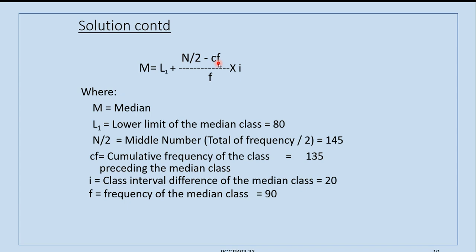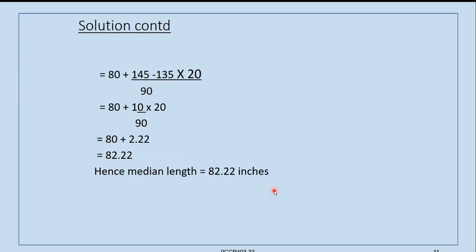The gap of the class interval of the median class, 80 to 100, is 20, and the frequency of the median class is 90.